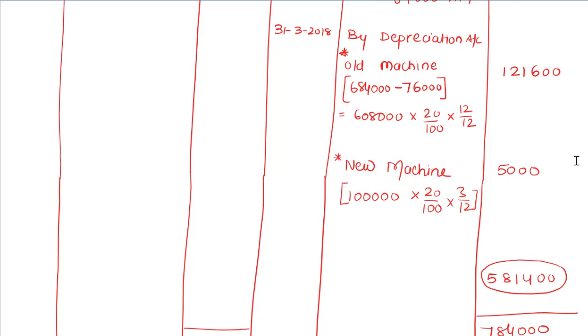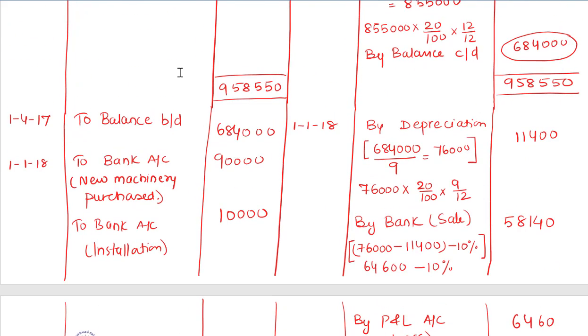Do the bifurcation for the new machine and old machine. So right over here, by balance carried down, old machine and new machine. We'll do first for the old machine.